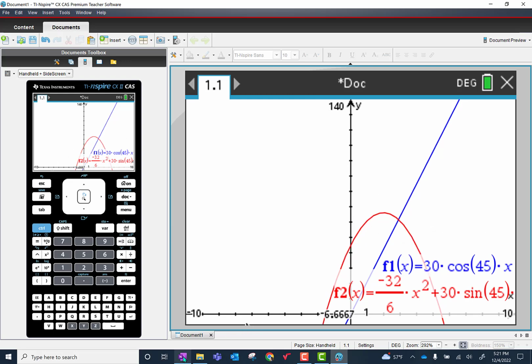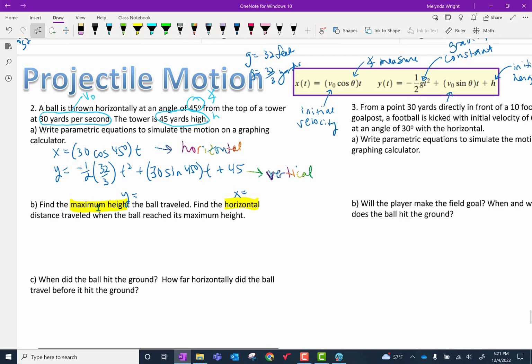Let's go back and see what they want us to do. We want the maximum height, so that's where you need the Y equal equation. This one was F sub 1, and I'm going to make a note to ourselves. That one's F sub 2, just so that we know which one was which. So I need to take the F sub 2 equation and find the maximum. That's going to give me the maximum t value.